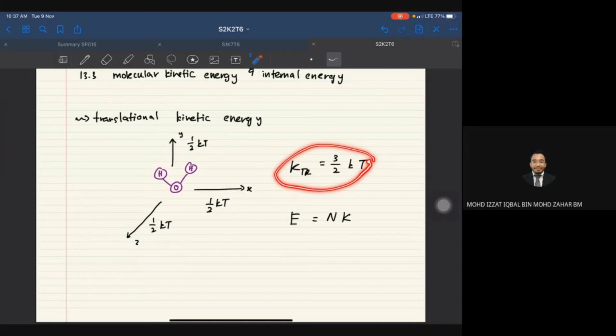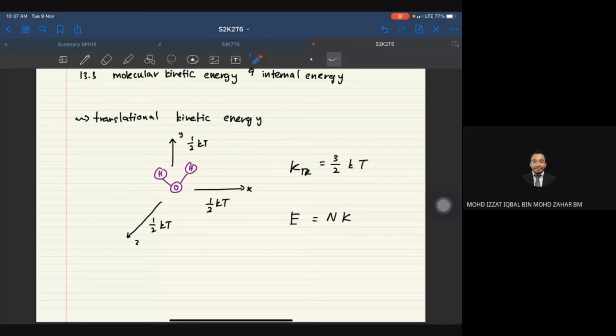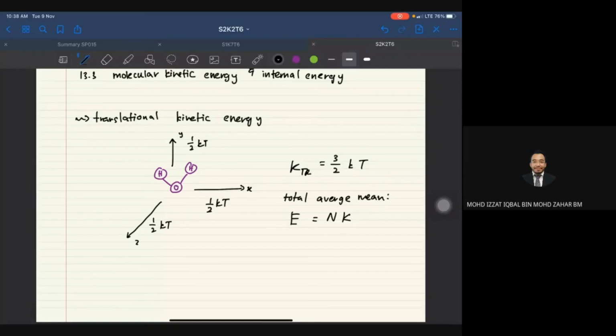Saya nak cari semua. Darab, yes, exactly. So if I want to find the total average, it will be N multiplied with the kinetic energy for each molecule. So number of molecules darab dengan KTR, itu kamu dapat dia punya semua.